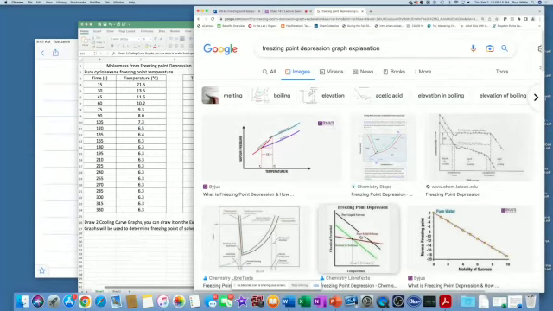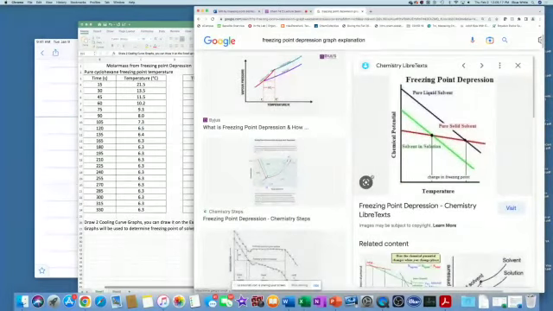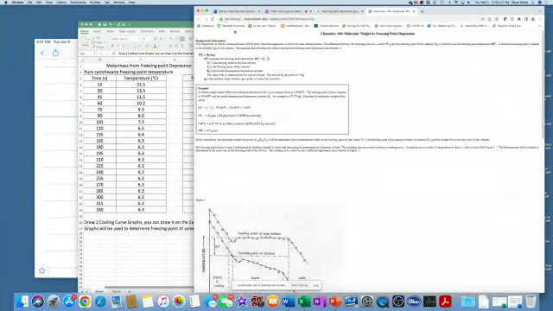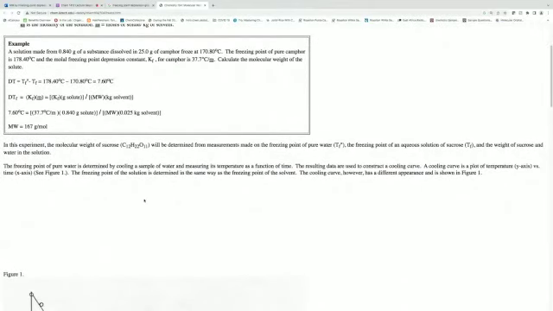This one here doesn't look realistic at all. Sometimes this is what happens in the lab, right? It looks more like this. So let me see if I can zoom this in.